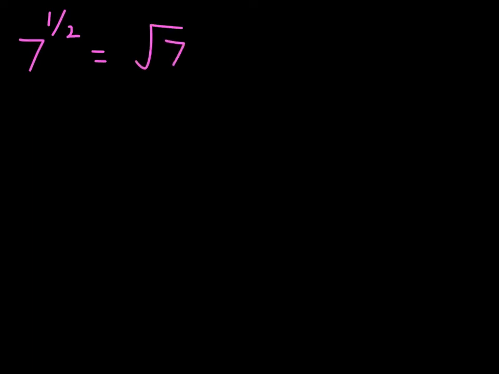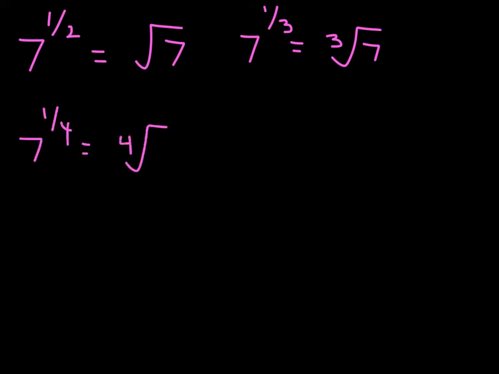I want you to notice that the index right here that is not written is understood to be 2, right? So that leads us to believe that 7 to the 1/3 would be the cube root of 7. 7 to the 1/4 power would be the 4th root of 7, and so forth.